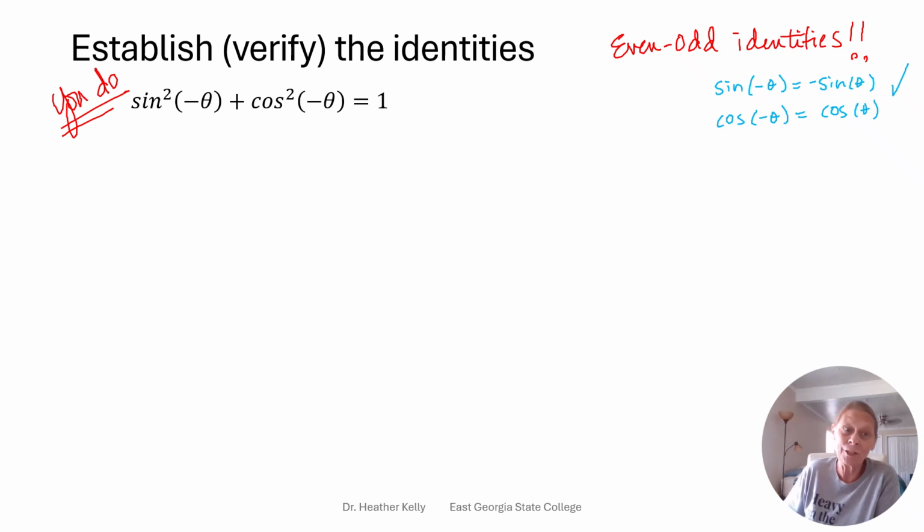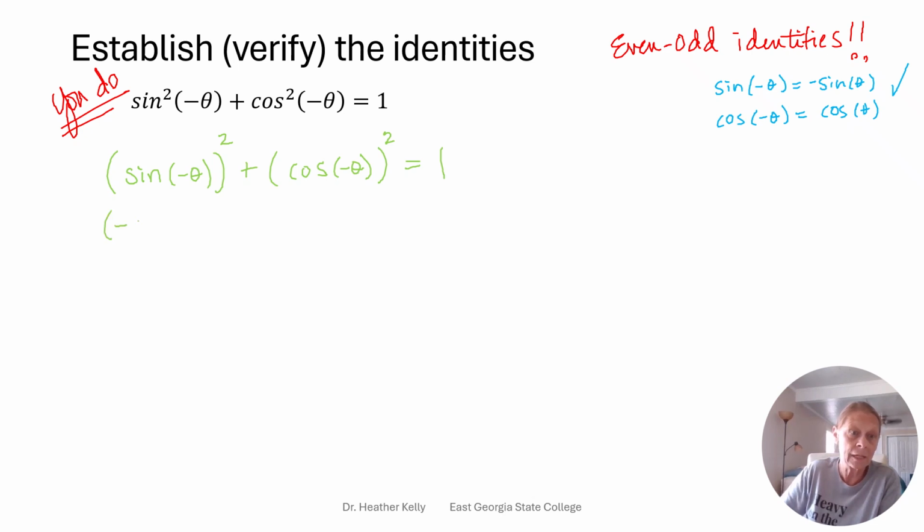I need to remind you that sine squared of negative theta is this. Cosine squared of negative theta is this. So this is going to be sine of negative theta, cosine of negative theta. All right, and now we're going to apply.